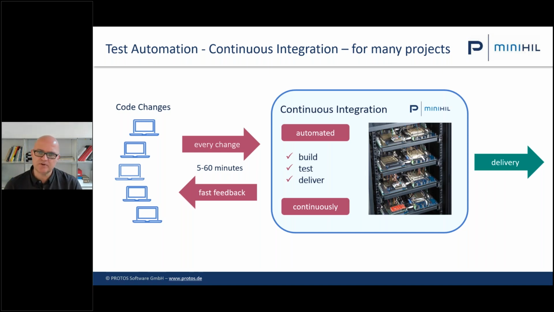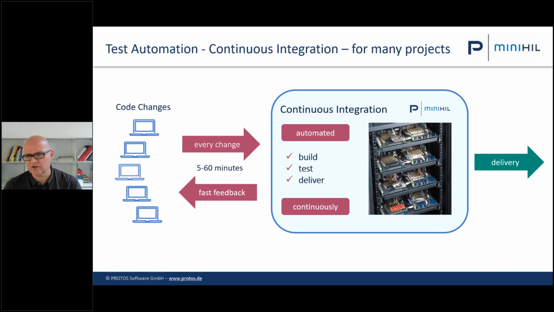So we hook up the continuous integration server to the miniHIL boards, more than one. In this case, we have 8 different projects in a rack, so this rack is 1 meter high, and we have 8 projects here. What the continuous integration server does is monitor every commit, and for every commit, the new software version or application, but also the test system, is built, tested, and potentially delivered.